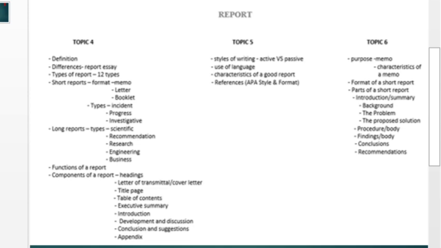And then a research report is for you to report on what you have been researching. It's almost like scientific, but scientific is more for lab purposes. Meanwhile, everyone has to write a research report.